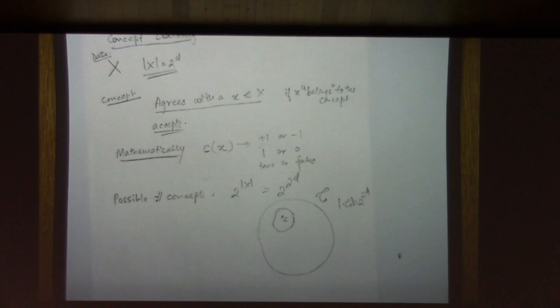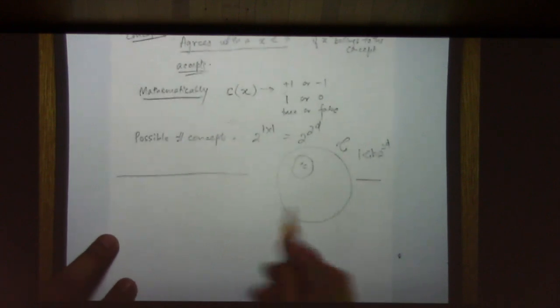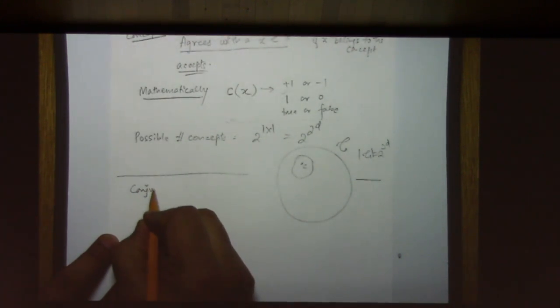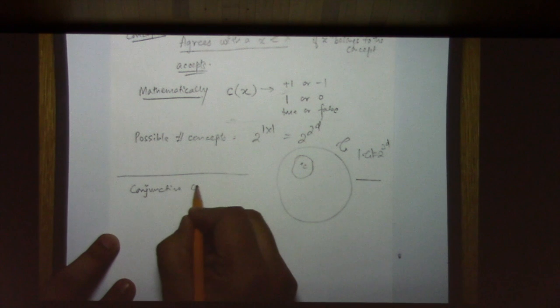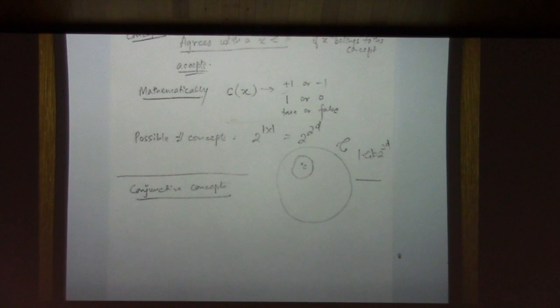So one assumption we made is this notion of conjunctive concepts. So conjunctive concepts are those concepts that of course belong in this big set, but they have a special type, which means that they can be expressed as a conjunction of one or more attributes, okay?